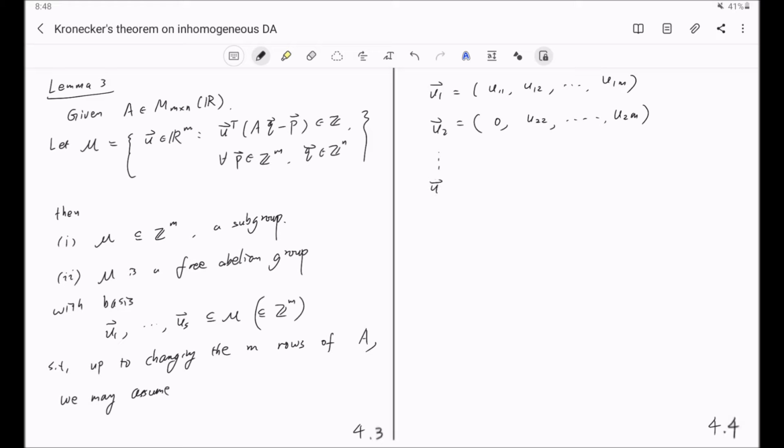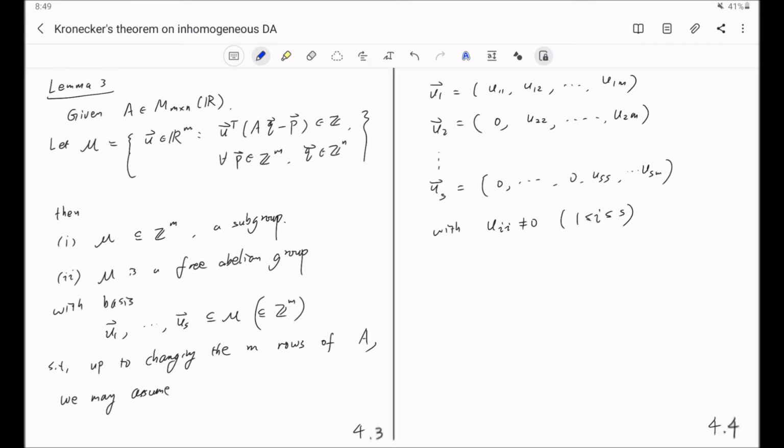And us is a vector whose first non-zero component is the s-th component uss, all the way to usm, with uii not equal to 0 for any i with 1 less than or equal to i less than or equal to s.